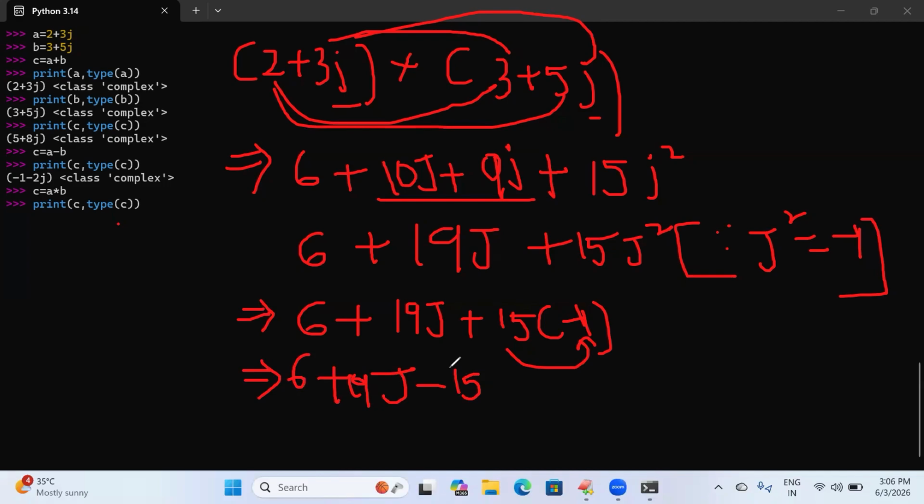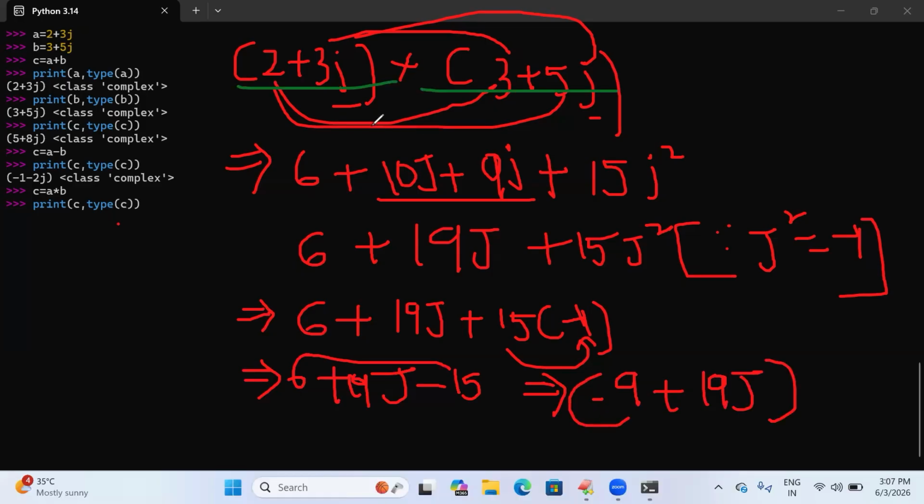So minus 15 plus 6 is minus 9, plus 19j is our final answer. So when we multiply these two complex values, we get a complex value, minus 9 plus 19j.